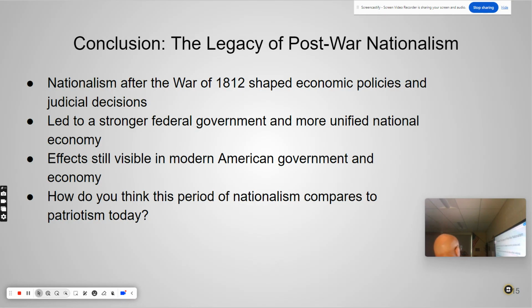All right? Now, the effects are still visible in modern American government and economy. There's no getting around this. We still have sectionalism in our country today in terms of economic way of life. The American South and the American West are home to some of the largest farmlands in the country.